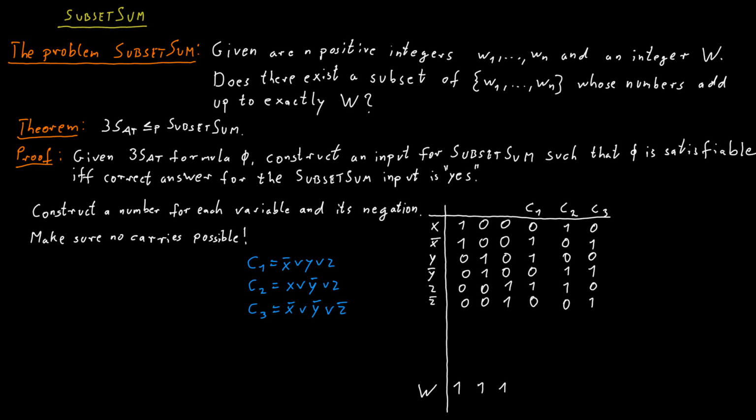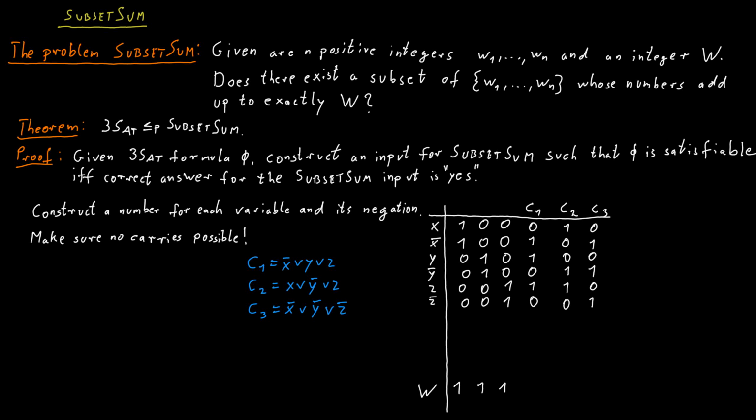So we have now here the 4th position, which corresponds to the first clause. And I want to make sure that if I select any of the literals belonging to that clause, then I reach my target number. This is a bit tricky, but for a moment assume that we could ask for inequalities in the target number capital W.